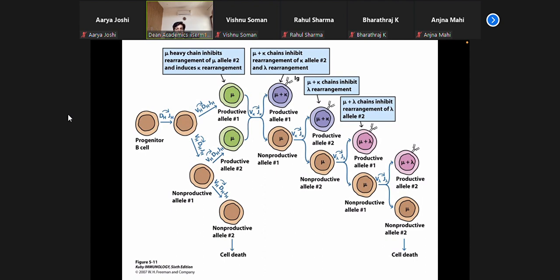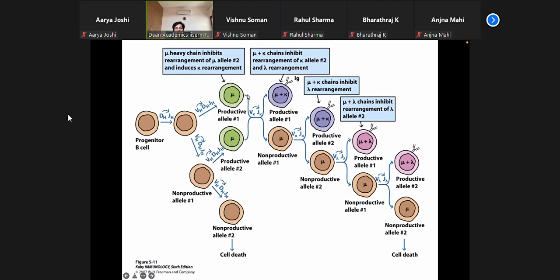Okay, so it can be either lambda or kappa through this VJ recombination, and you get a productive heavy and light chain rearranged, which will give rise to this membrane bound immunoglobulin, right? Obviously, because this mu chain is involved, you call it IgM.